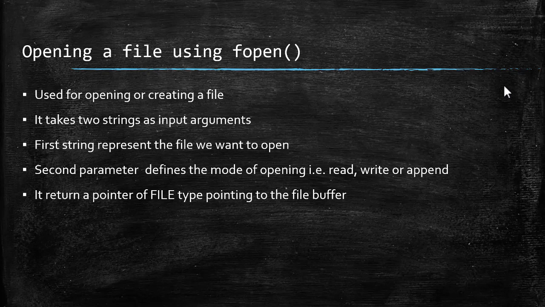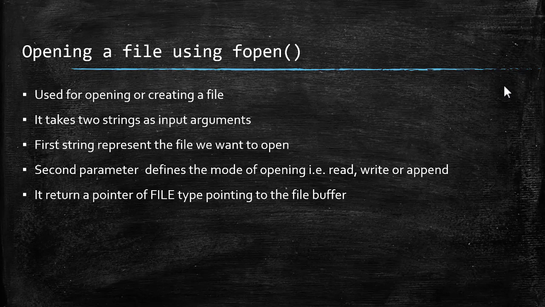The second parameter defines the mode of opening. A file can be opened in mainly three modes: read, write, and append. In read mode, we can only read the content of the file.